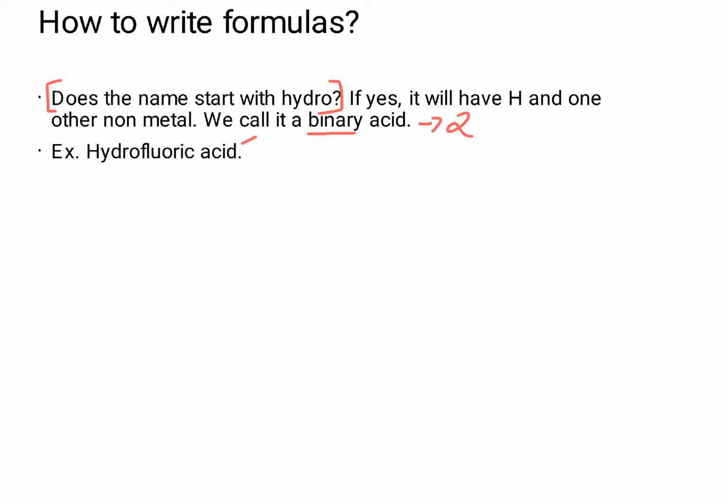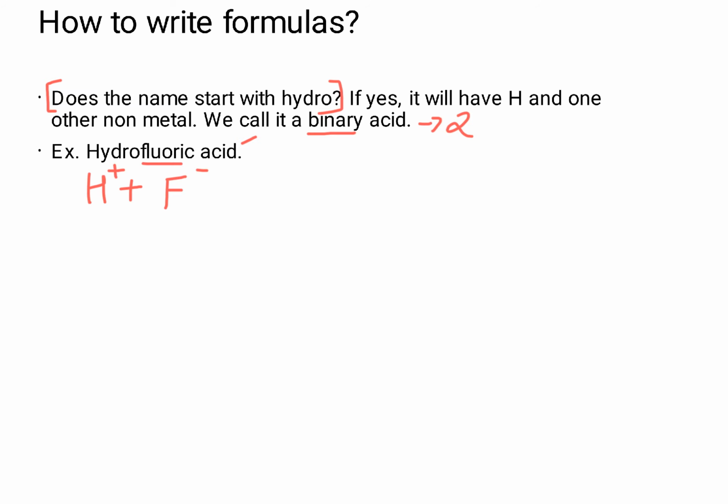And so it will have H, so you know that it is going to have H. And the other nonmetal can be easily figured out if you look at that part of the word, which is fluoric, which comes from the word fluorine, which is element F. And so these are your two elements in this binary acid. Now you know that H is 1 positive, and you know that F is 1 negative.